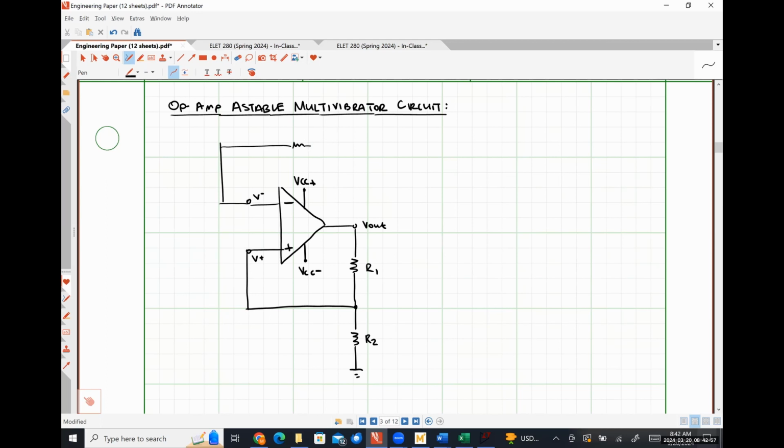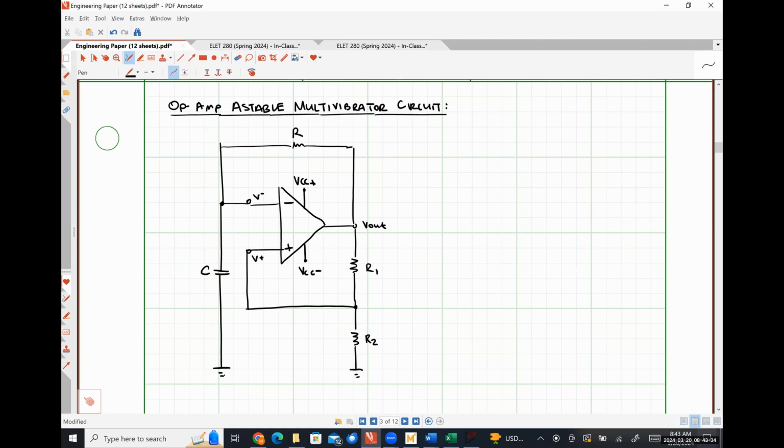So this guy employs, technically speaking, both positive and negative feedback, but because positive feedback is such a strong thing, the negative feedback's not really going to give any of its effects here. And then between the inverting input node and ground, I'm going to put some capacitance. And so this is our circuit.